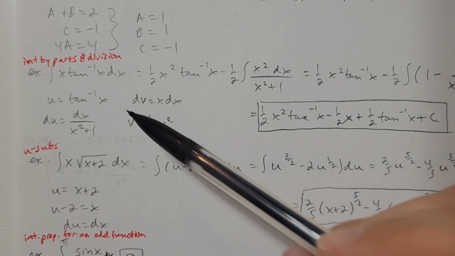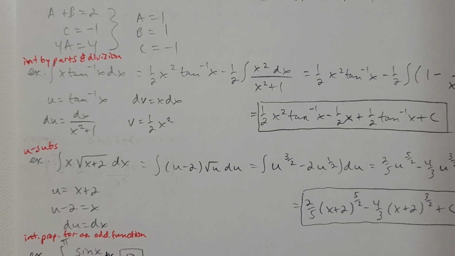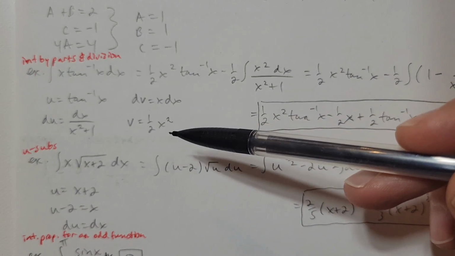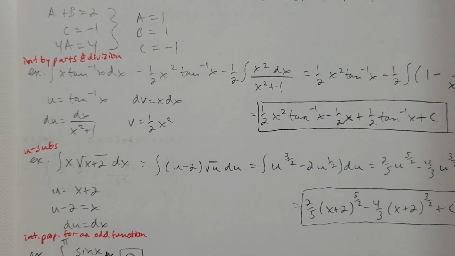So here, if I let u be tangent inverse of x, dv be x dx, then du is 1 over x squared plus 1 dx, and v is 1/2 x squared.